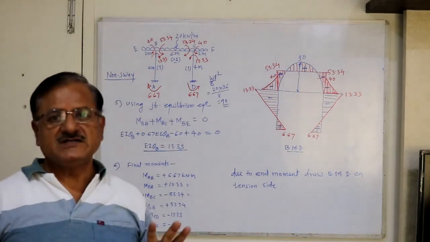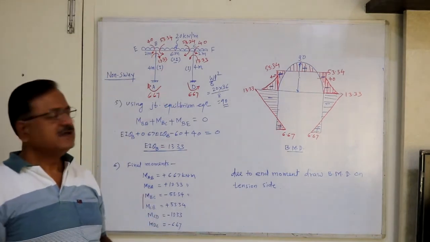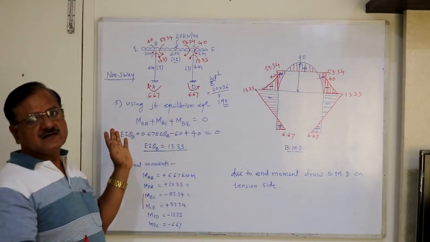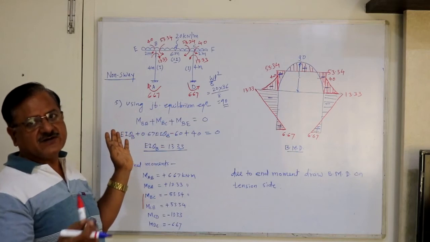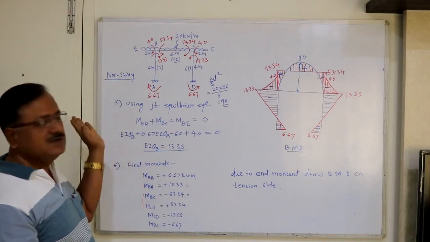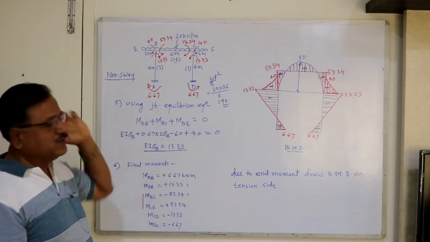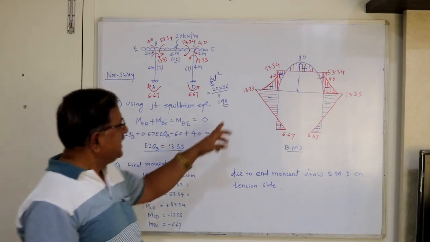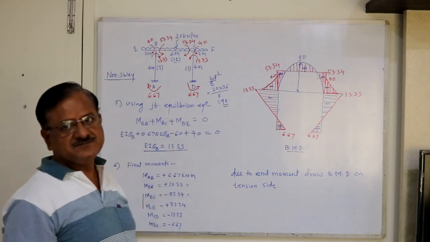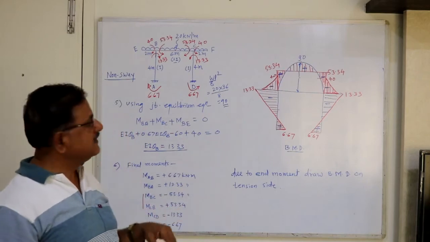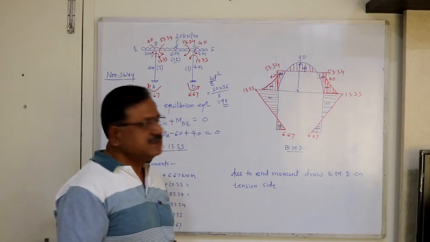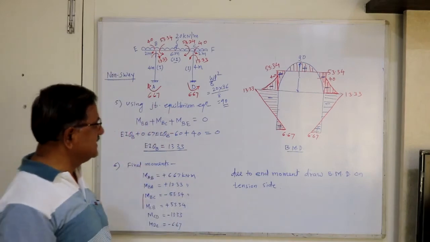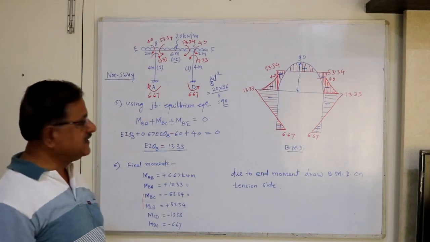So draw the ordinates of BMD opposite to the arrow. So due to end moment, very easily you will get the BMD. And due to loading, you draw as usual, positive outside, negative inside. And then the shaded area represents the final bending moment diagram.